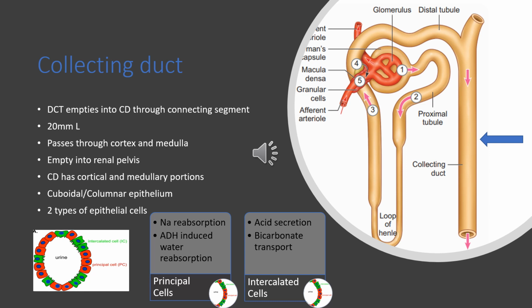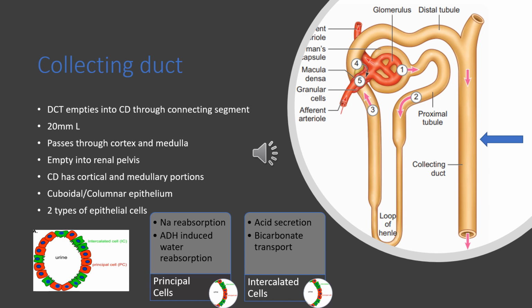Collecting duct. The distal convoluted tubule empties into the collecting duct through a small and relatively straight tubule called connecting segment. Several such DCTs empty into the collecting duct, which passes through the cortex and medulla and empty into the renal pelvis at the apex of medullary pyramids.